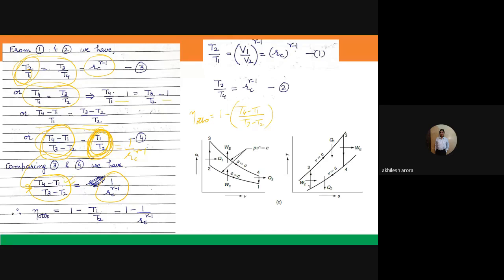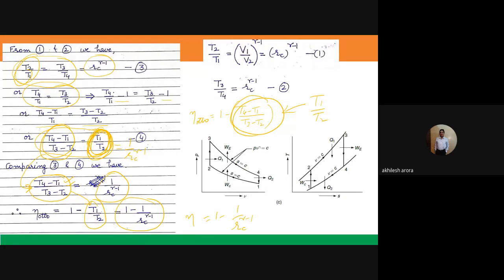So I can replace it in this expression, and it is written as 1 minus 1 over RC raised to power gamma minus 1. So the efficiency of the Otto cycle is equal to 1 minus 1 over RC raised to power gamma minus 1.